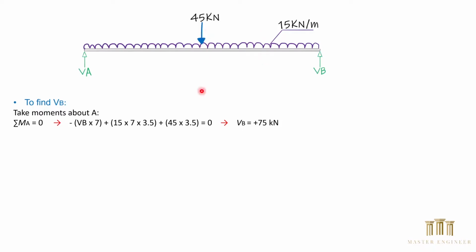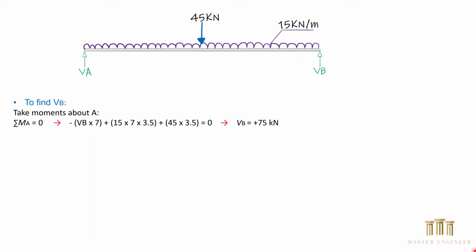Positive 45 kilonewton, acting at the middle of the beam, which is 3.5 meters, also acting clockwise, equals 0. Rearrange the values. VB equals positive 75 kilonewton.